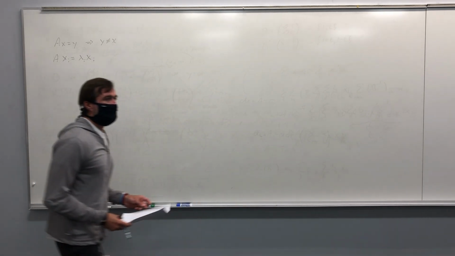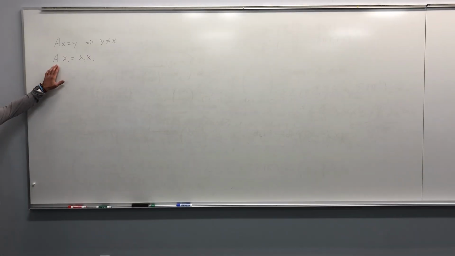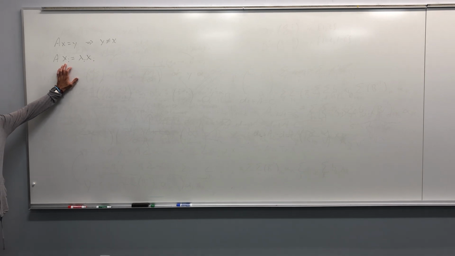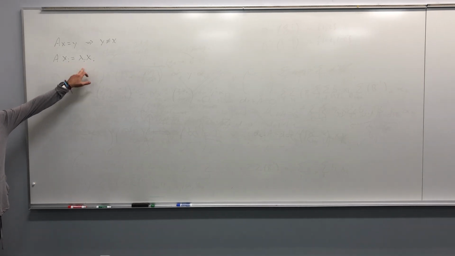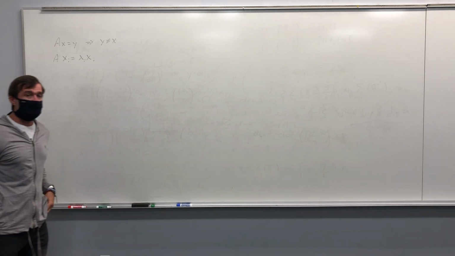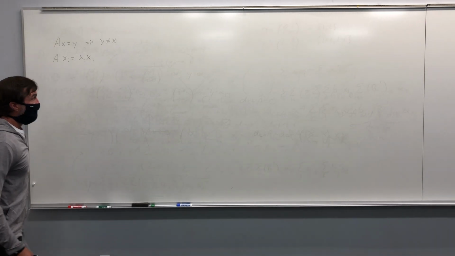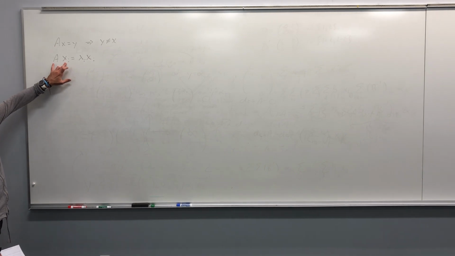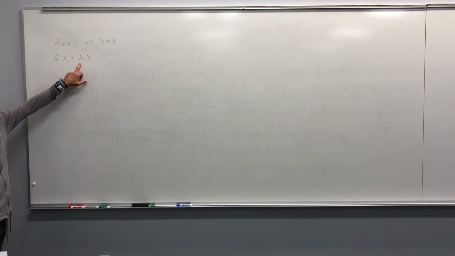This is a special linear transformation and a vector which is related to it, because you get back the same vector at best scaled by some scalar coefficient. This is, of course, the eigenvector of the transformation A. This is the eigenvalue of the transformation.